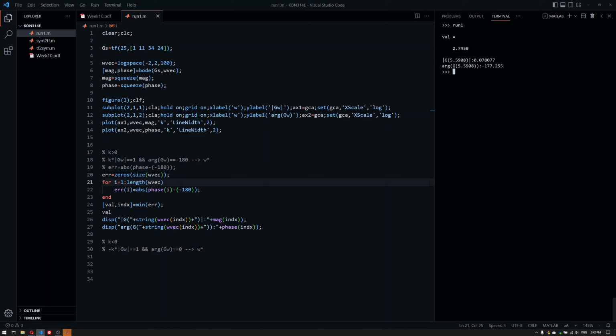There we go. Now you can see that at 5.5, maybe we could also append a J here to indicate that we plugged in J omega. There we go. At 5.59 radians per second, we have basically 0.07, and the closest value is 177.